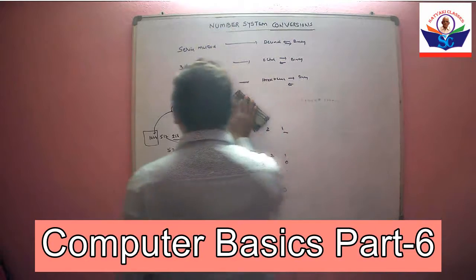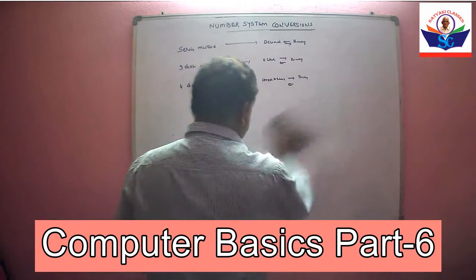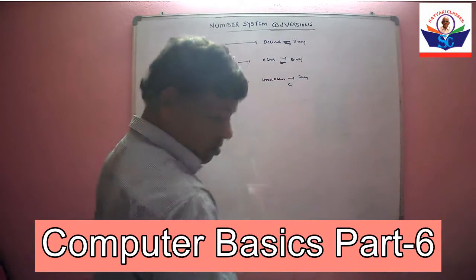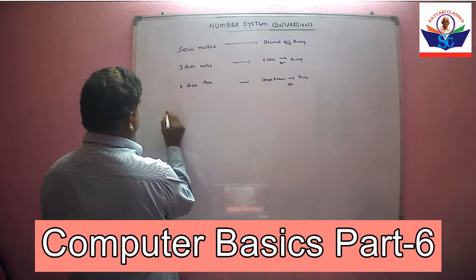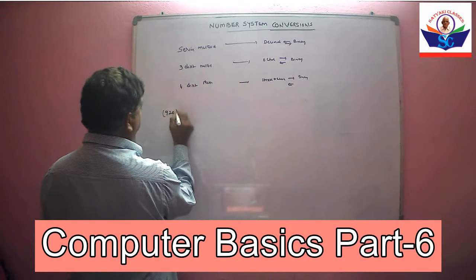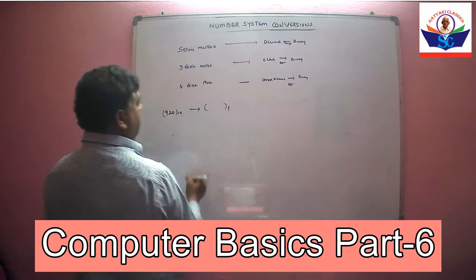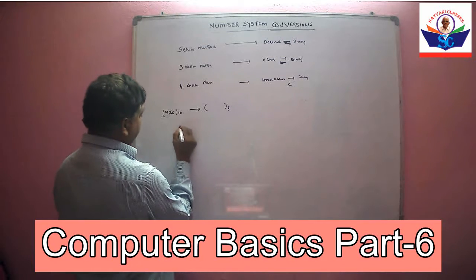Again, we'll take another number. What is the binary number for the decimal number 920?